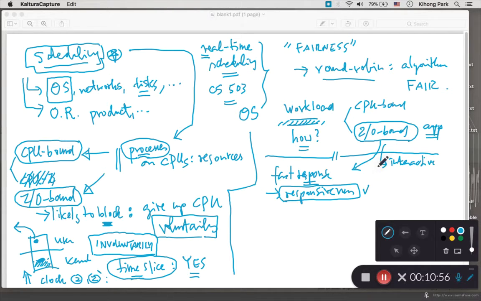So if a process that's part of your browser app has been context switched out and then suddenly you start to move your mouse, then you don't want that to take a long while before that process runs and then controls your mouse. As a toy example, you want that to be quick.